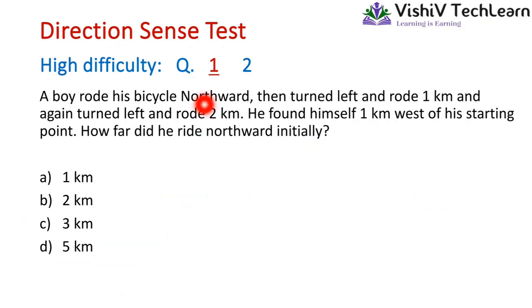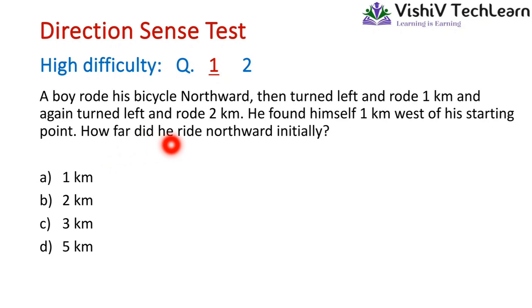Now here we have a high difficulty level question, the first question of this high difficulty level. A boy rode his bicycle northward, then turned left and rode 1 kilometer, and again turned left and rode 2 kilometers. He found himself 1 kilometer west of his starting point.